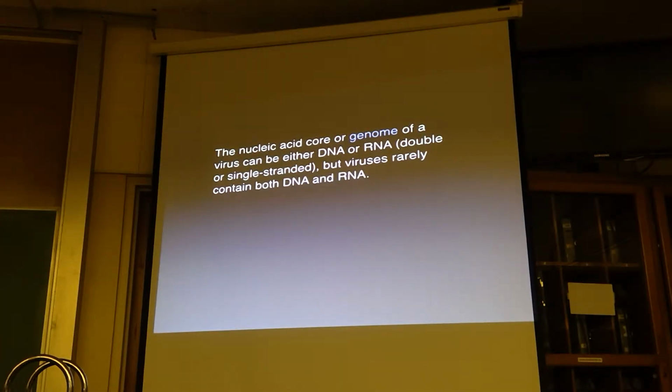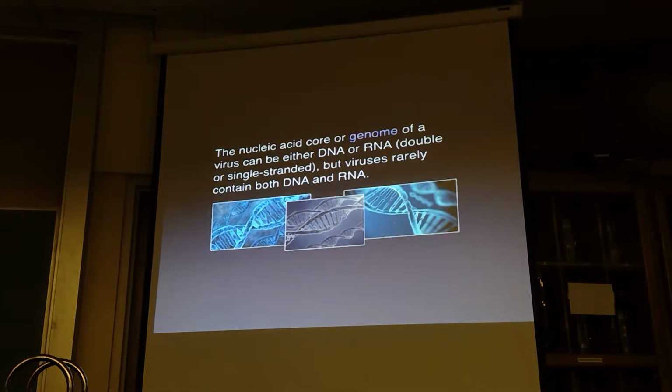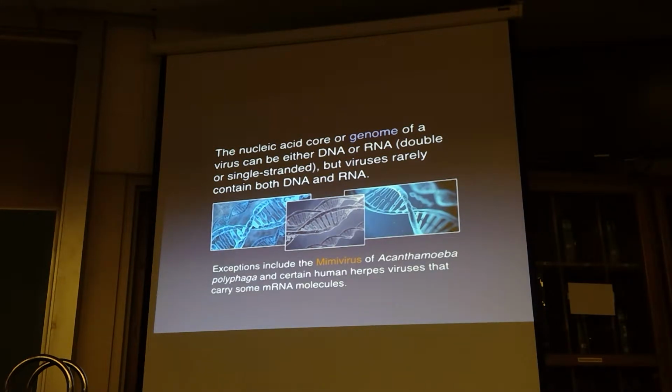So we've seen the term genome applied to the total DNA content of the chromosomes within an organism. Well, we can also apply that term to the DNA content within a virus, within a virion. The genome is the total nucleic acid content, again, usually DNA or RNA, occasionally both. There are some other aspects of the genome that I want to give you some specifics about, what kind of structure they can have.